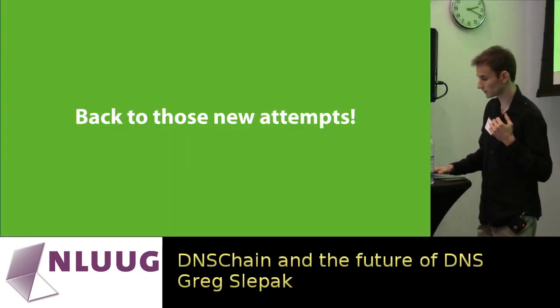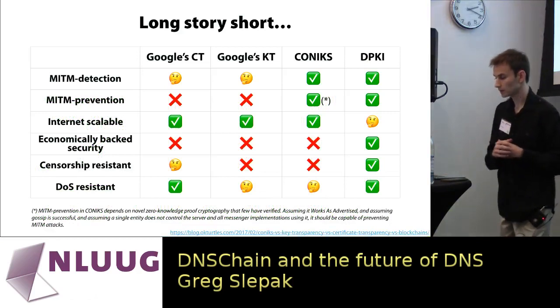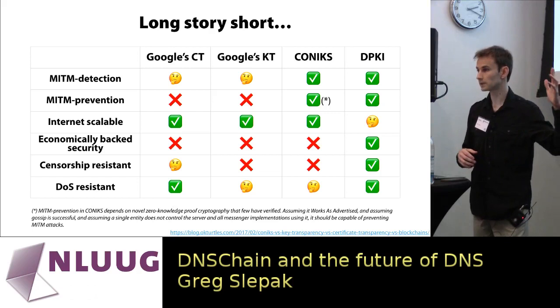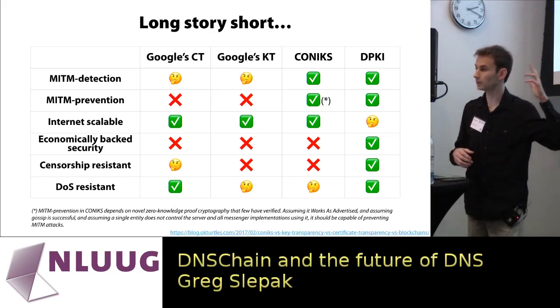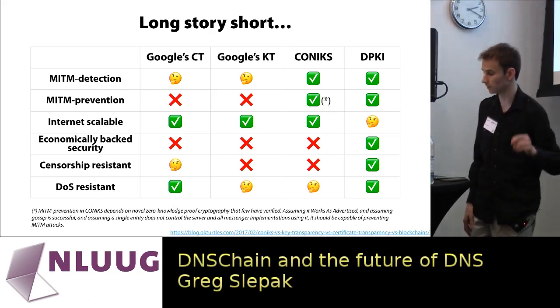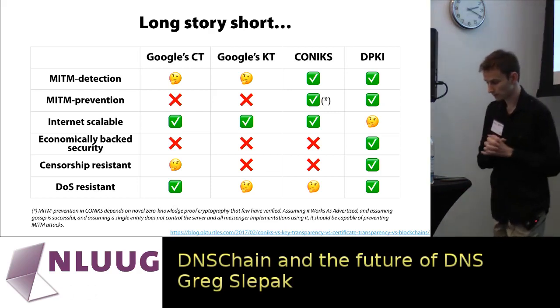So back to those new attempts. All of the other new protocols besides Stellar are summarized in this table, and you can read the details on this by visiting our blog, blog.okturtles.com.